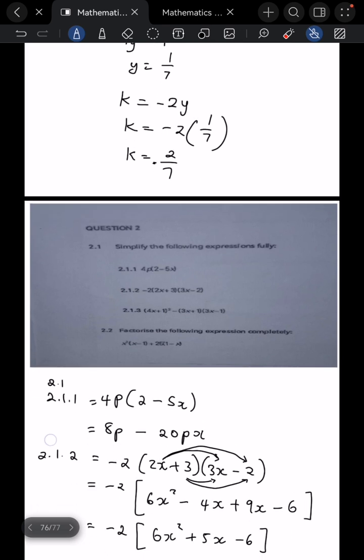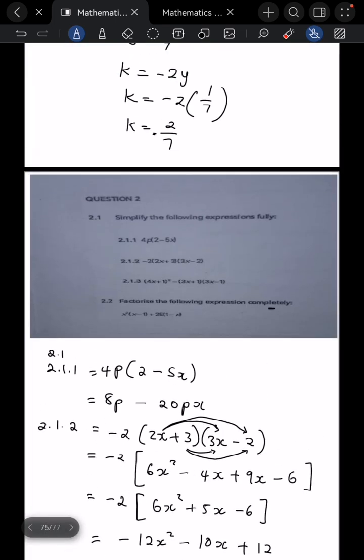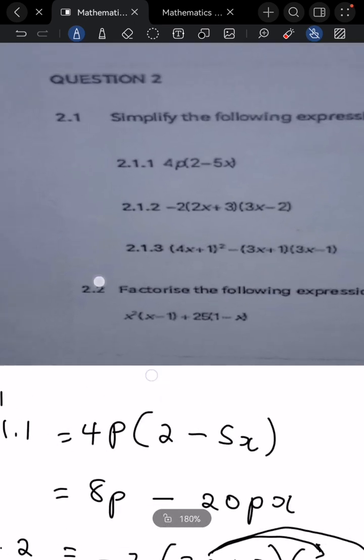And then the last question is factorize the following expression completely. The expression is 2.2. And that expression is x squared, if I'm not mistaken. Let me view this.